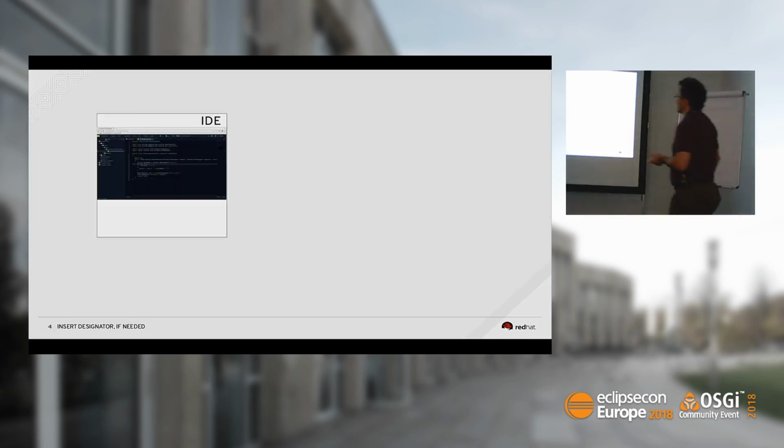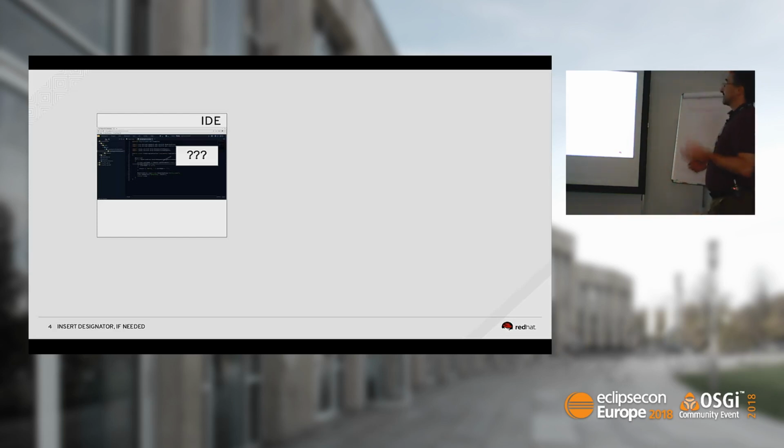I have a one-slide intro to what LSP is. You have an IDE, the user comes and presses control-space because he's at a certain class name, and he wants to know which class names or which methods could be called. So it pops up the code assist, but what does it show there? The IDE doesn't know.